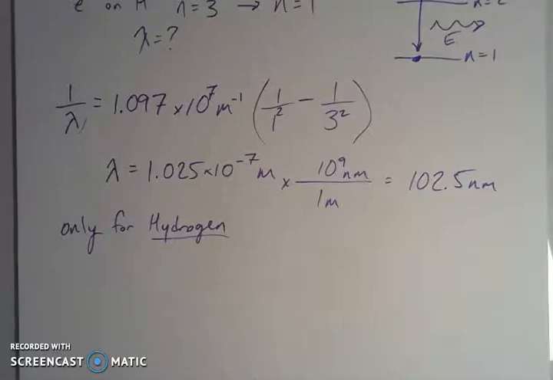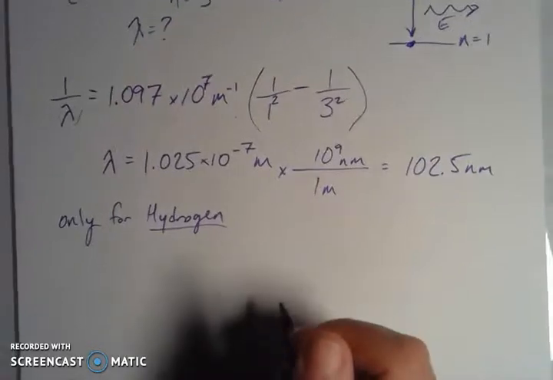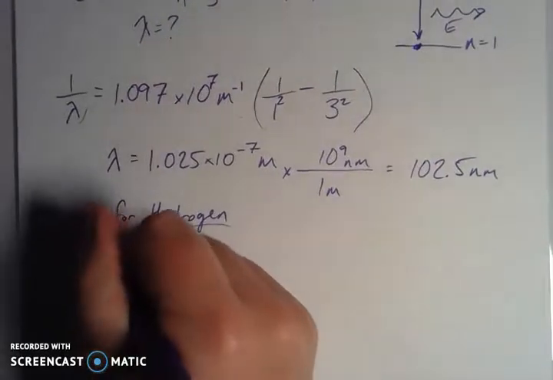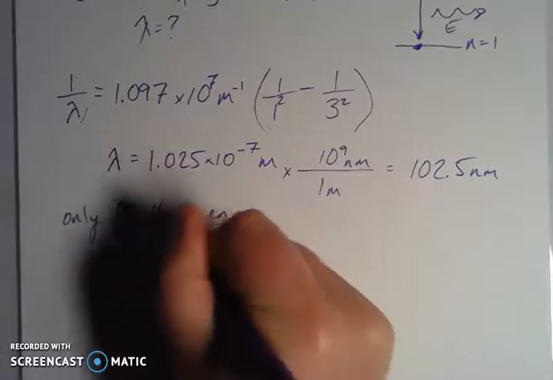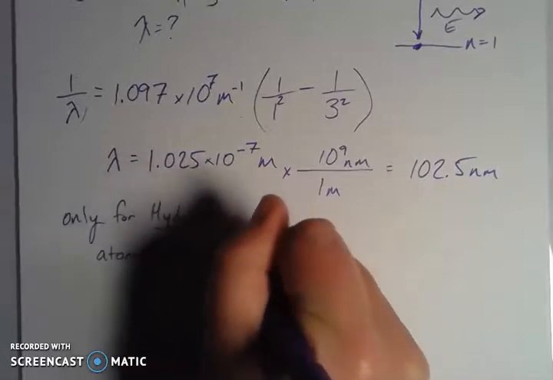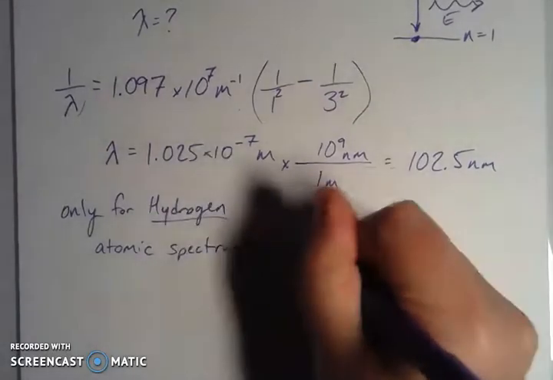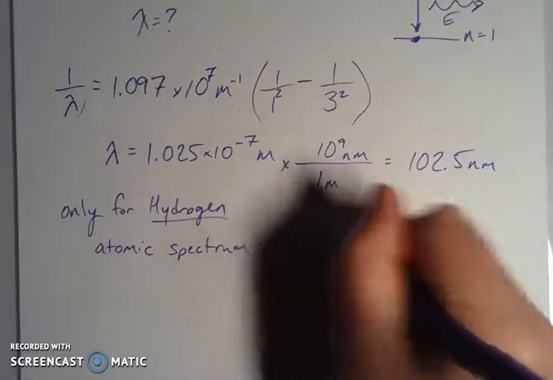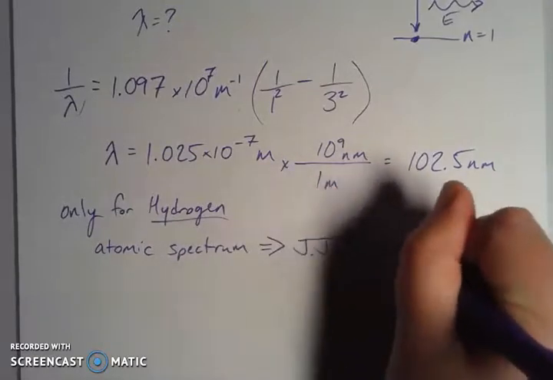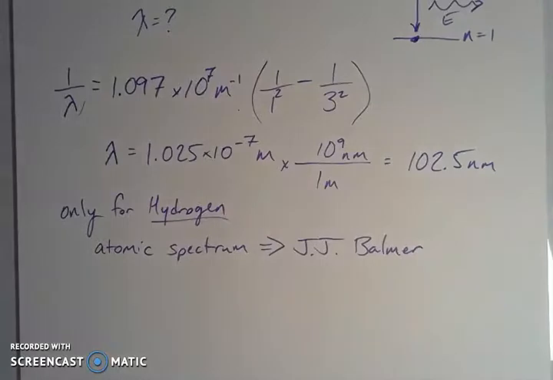And for hydrogen's atomic spectrum, there's an equation that we use because we are interested in visible light. So let's think about the atomic spectrum. In order to talk about the atomic spectrum for hydrogen, we have to talk about a guy named J.J. Balmer, and what is called the Balmer series.